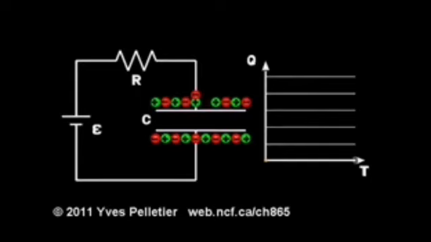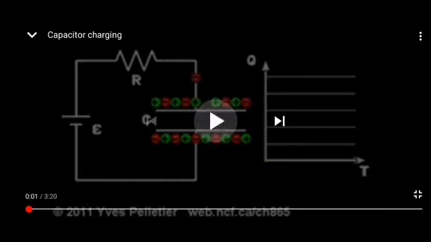The graph to the right will show you the variation of the quantity of charge Q on the positive plate of the capacitor as a function of time. Let's start the simulation.